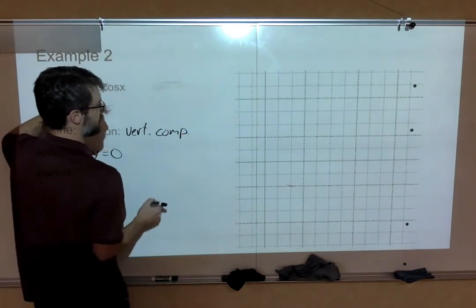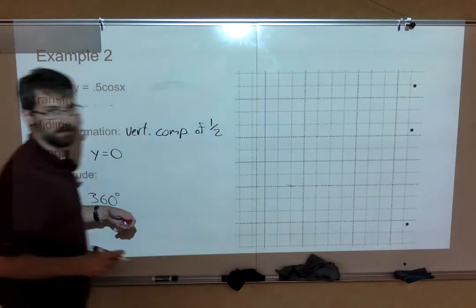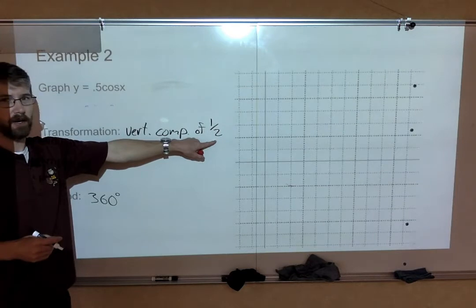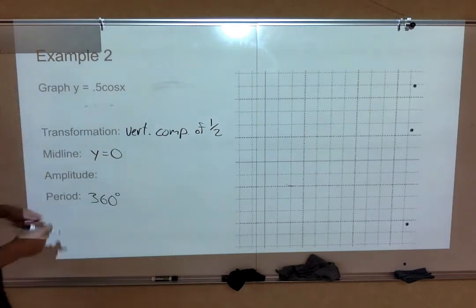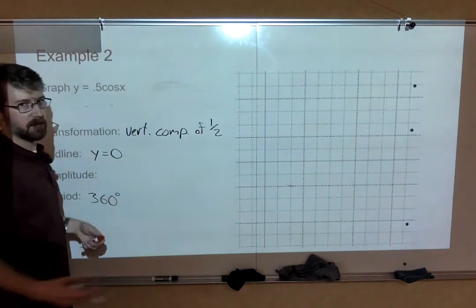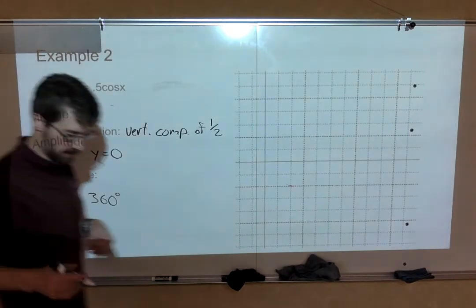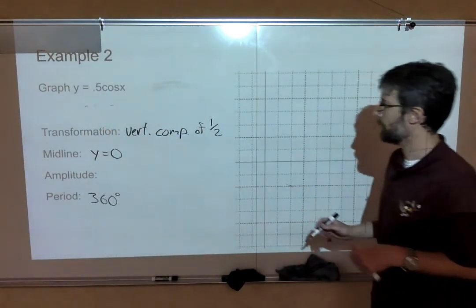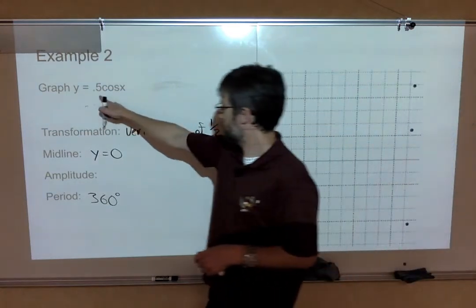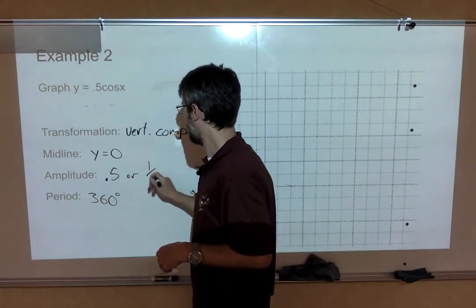So this is a vertical compression of 1/2 or 0.5. Now, I think in the homework and quizzes it's mostly in fraction form, not in decimal form. So just be wary of converting between decimals and fractions, hopefully you can do that. I don't think that's too big of a stretch. Okay, amplitude then is either 0.5 or 1/2.